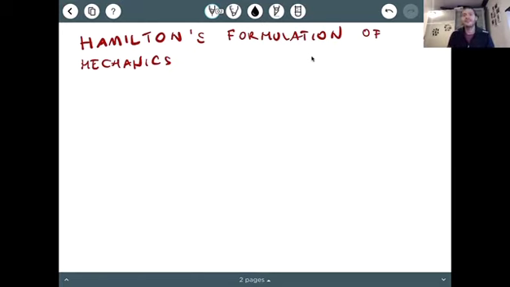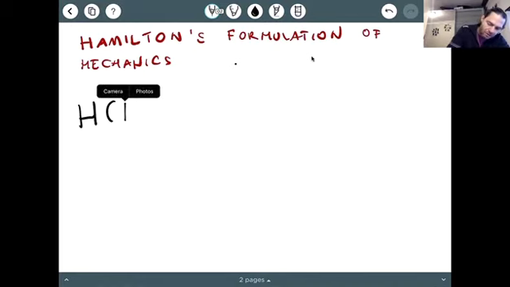And then a physical theory is specified by a mathematical function, which you have to guess. It's called a Hamiltonian. This function depends on all the momenta in the system and all the positions.